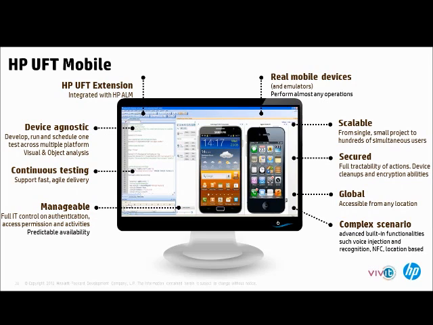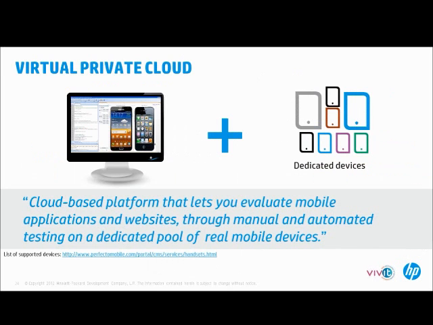One is the virtual private cloud, which is dedicated devices hosted on a cloud-based platform. These devices are based in a data center, and there are multiple locations we'll see in the next slide. With the help of this hosted virtual private cloud, we are able to access multiple devices and do the automated testing.